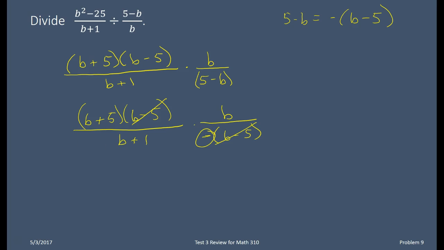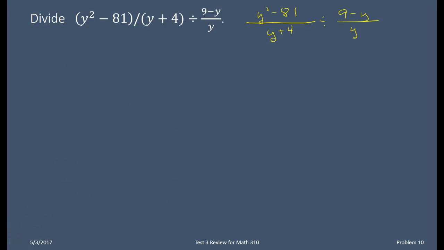Don't forget that negative. Let's pull the negative in front of everything. So now we're going to have negative b plus 5 times b. I like to write my monomials in front, because remember, in multiplication you can move things around.